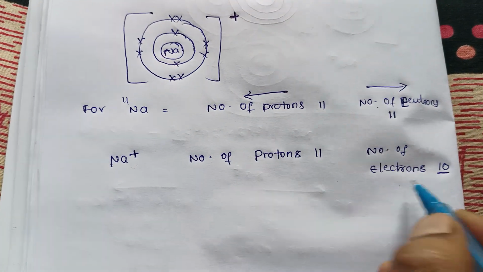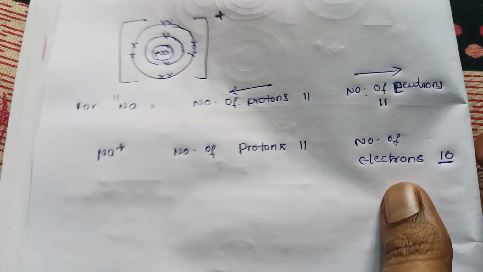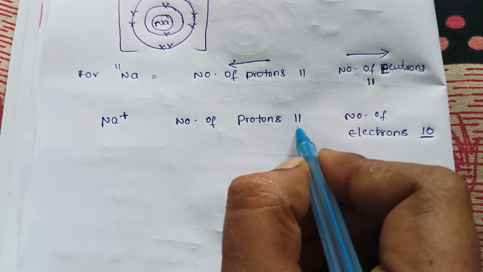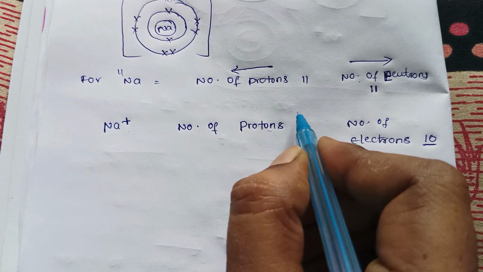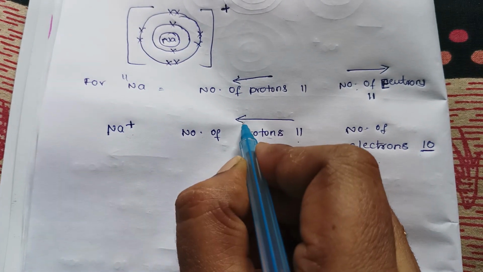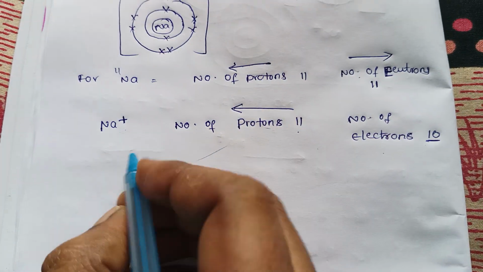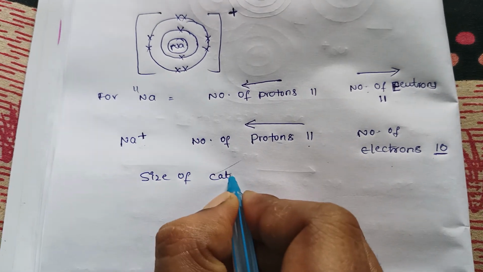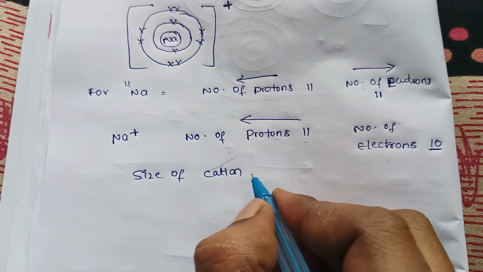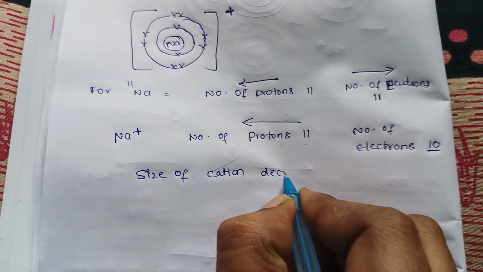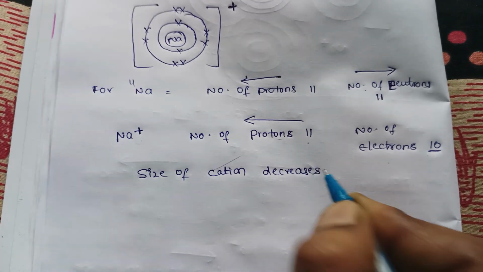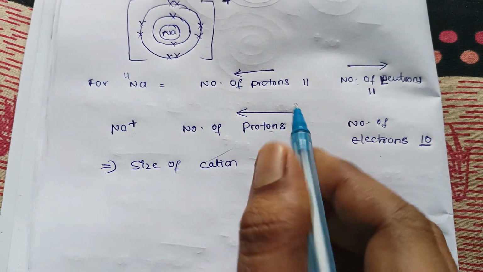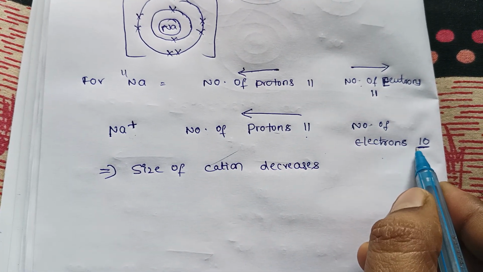Here protons are dominating, so protons move towards the nucleus, and the size of the cation decreases because there is one electron less.